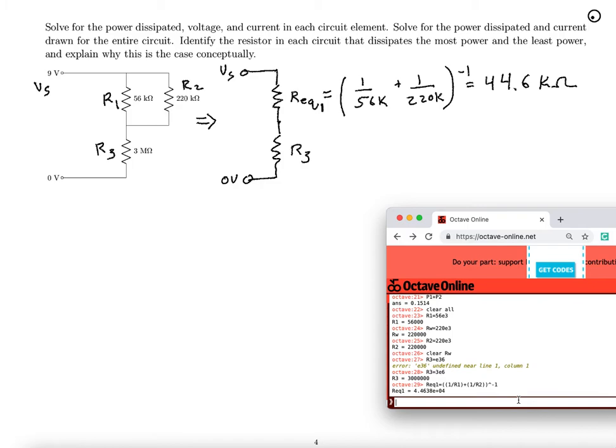And then we're going to turn this whole thing furthermore into a single resistor, still from Vs to 0, which I'll call R equivalent 2, and that's going to be R equivalent 1, the top resistor, plus R3.